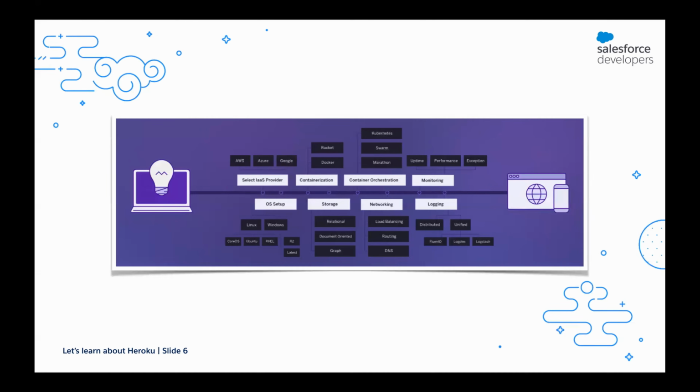Normally, companies have a DevOps team or a site reliability engineering team that takes care of these decisions for us, and we just focus on building the application and giving it to them so they deploy this app to the cloud. But normally as single developers, we need to make a lot of decisions.